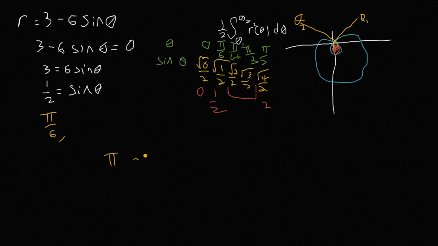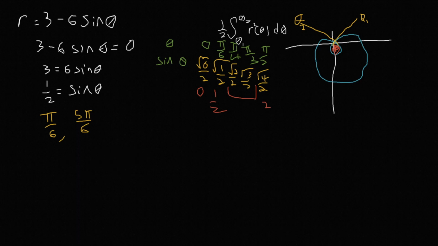We want to end in the second quadrant, so we're going to subtract to pull it up that way. And so I'm going to multiply the numerator and denominator of this by 6 so we can add these like terms. So this is going to be 5 pi over 6. And those are our bounds of integration.